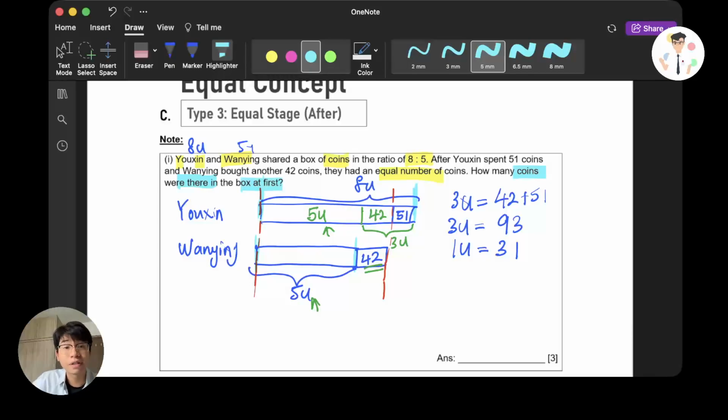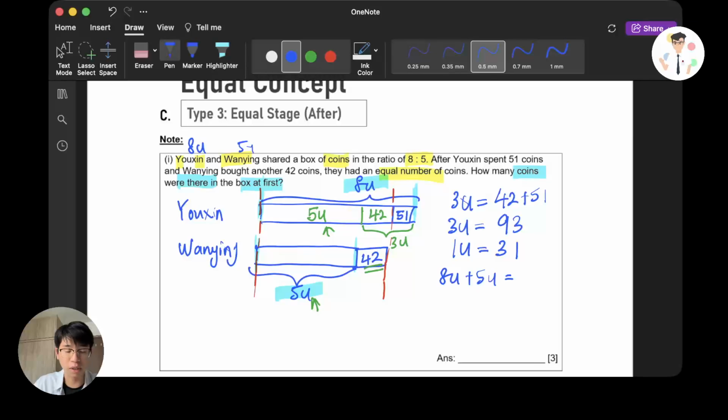And I know at first means these 8 units from Yu Xin and these 5 units from Wan Ying, put inside a box of coins. So I need to find 8 units plus 5 units, which is 13 units. And if 1 unit is 31, then 13 units will be 31 times 13, or 13 times 31, and the answer is 403. Yes, and we are done.